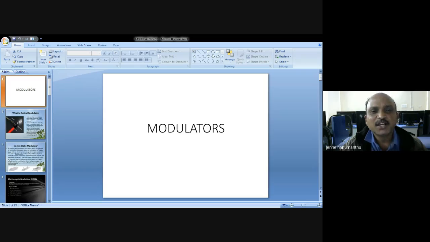Coherence means when the laser emits light, the light waves have the same phase and direction. That concept is called coherence. The laser output is always coherent. That is the first characteristic.